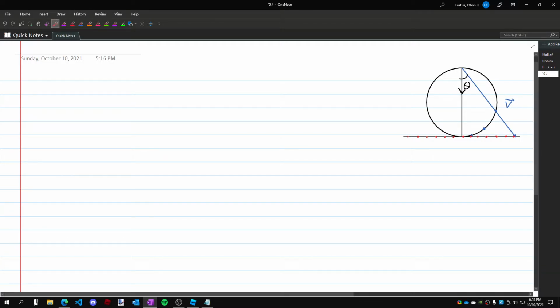So the dot product between v and the down vector is going to be this. We're going to go v dot the down vector, that's going to be (0, -1, 0). And that's going to be the magnitude of v times the magnitude of the down vector, which is just 1, times the cosine of theta. So that's how you get the angle in there, with the cosine of theta. So let's compute this dot product.